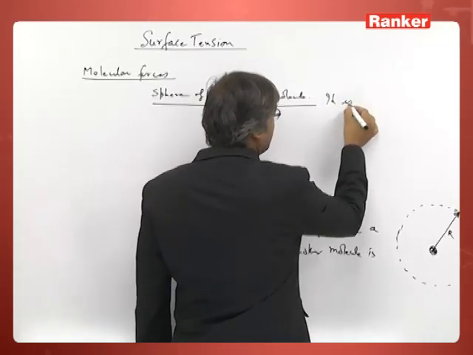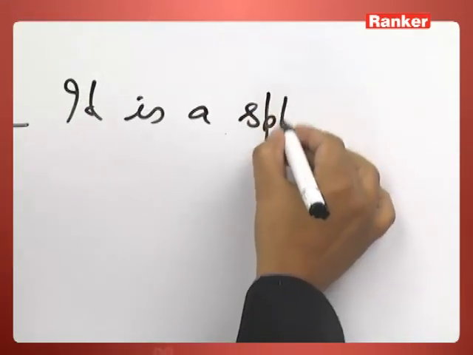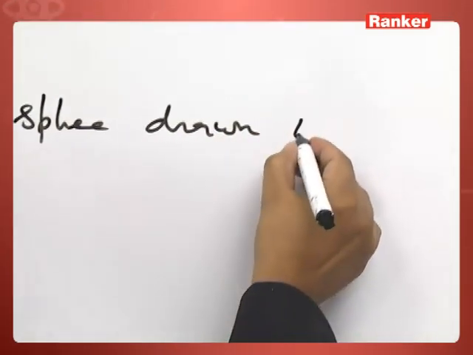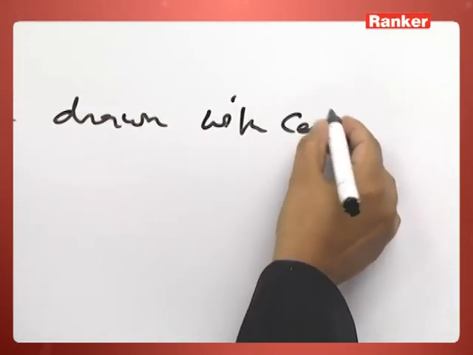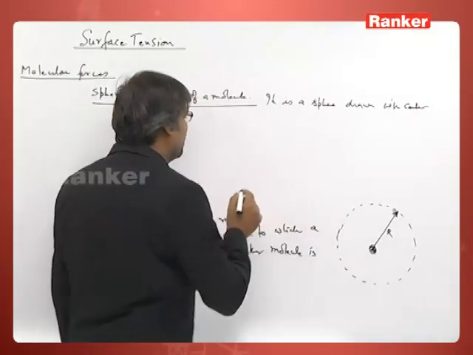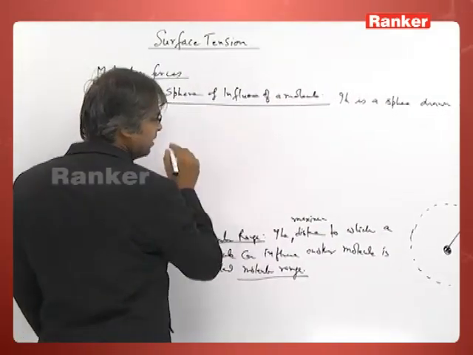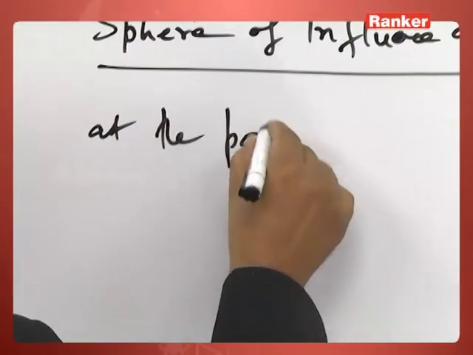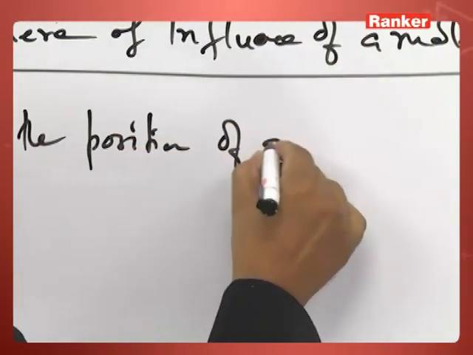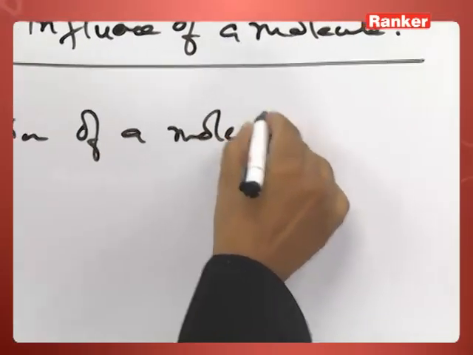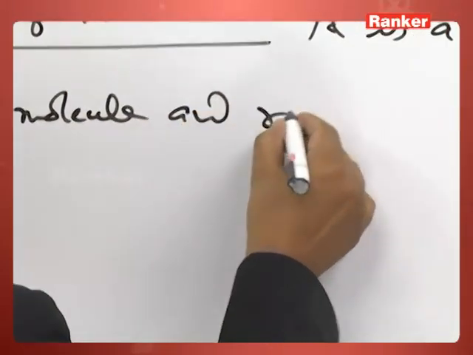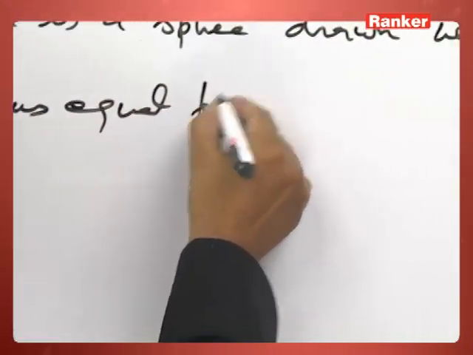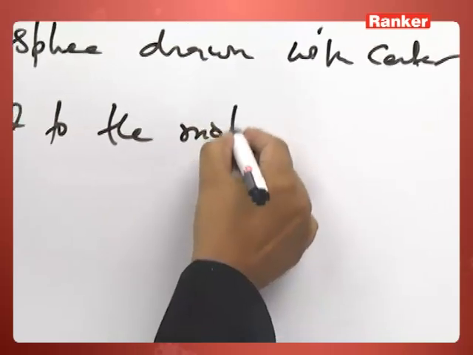It is a sphere drawn with center at the position of a molecule and radius equal to the molecular range.